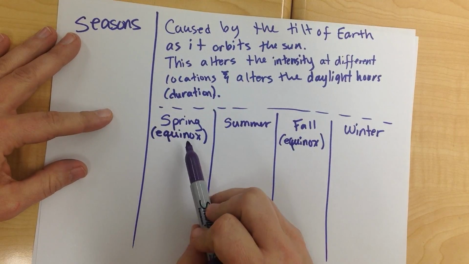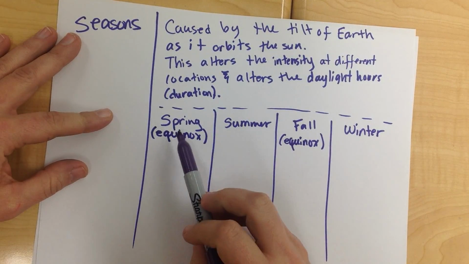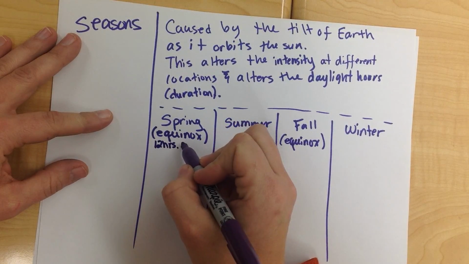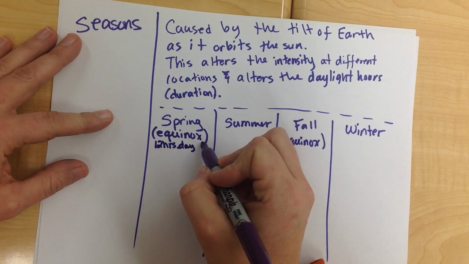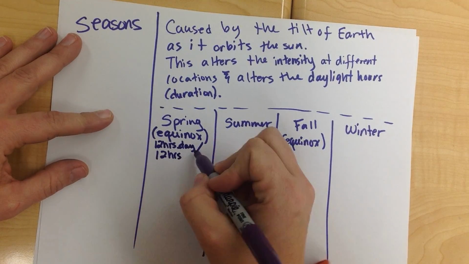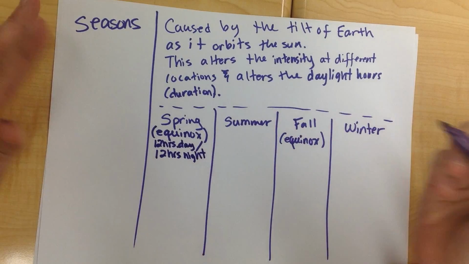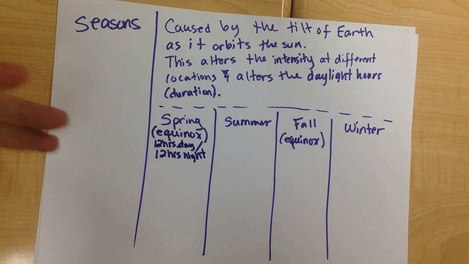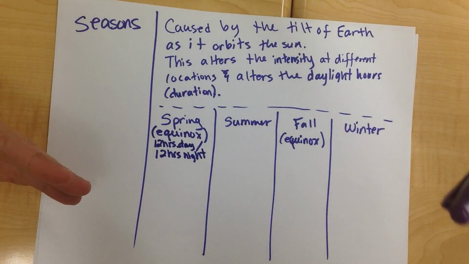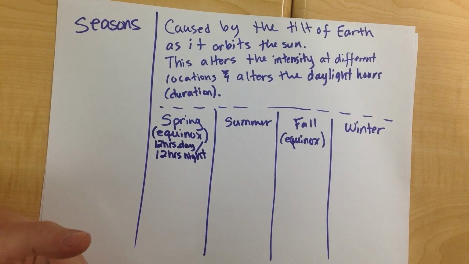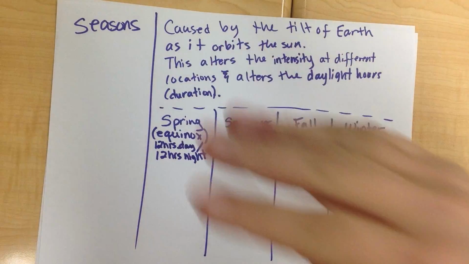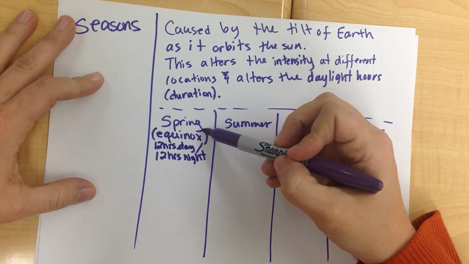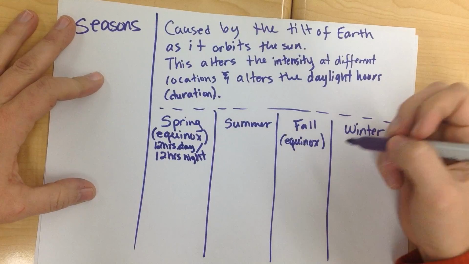When we have the word equinox, on the spring and fall equinox, we actually have 12 hours-ish of daytime and 12 hours of night everywhere on the planet. The North Pole, the South Pole, they both have the sun shining. One is having it set, the other is having it rise for the first time in 6 months. But everyone on the planet is going to have 12 hours of daytime and 12 hours of nighttime on that one day, the spring equinox and the fall equinox.